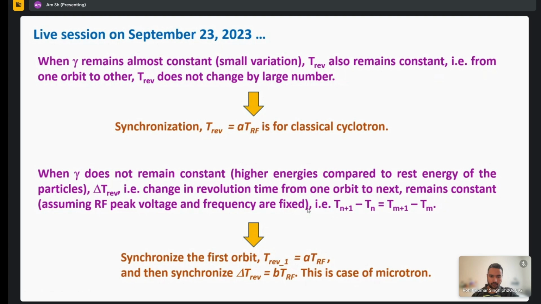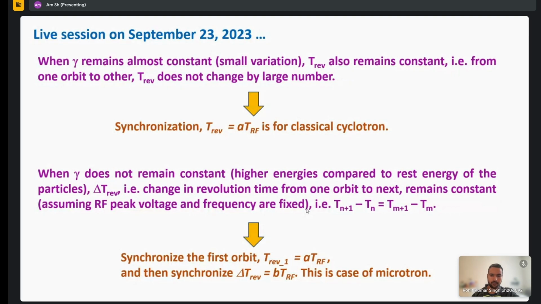Means suppose we are in the 50th orbit and we are going into the 51st orbit, there is a change in delta T. And again, if we pick the 25th and 26th orbit, there will be delta T. This delta T of the 25th to 26th will be equal to 50 to 51. This is the beauty. Means this delta T in successive turns remains constant.